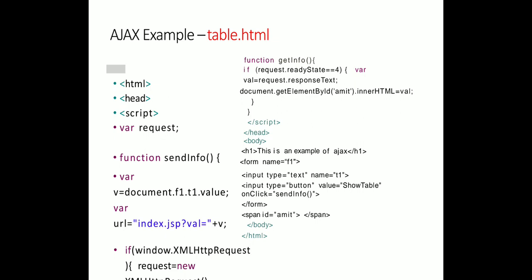Variable URL is index.jsp, that is the JSP script, value plus v, the variable is called. If window.XMLHttpRequest, the if statement I have used here.